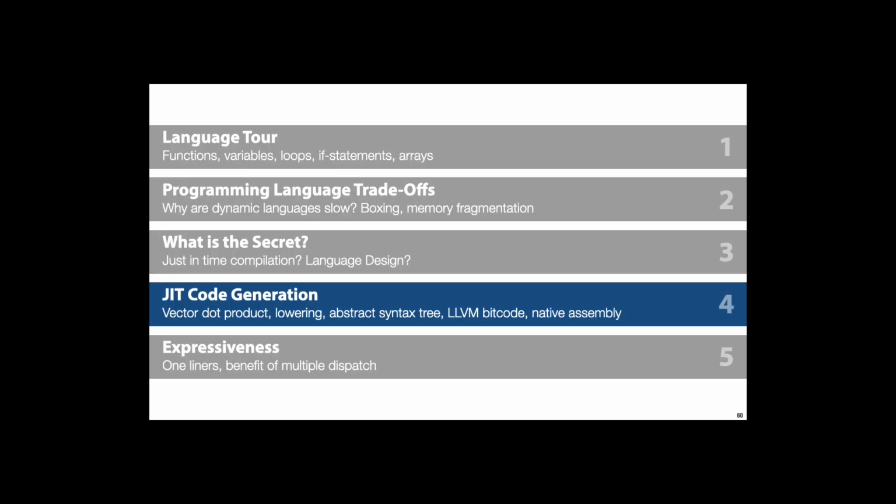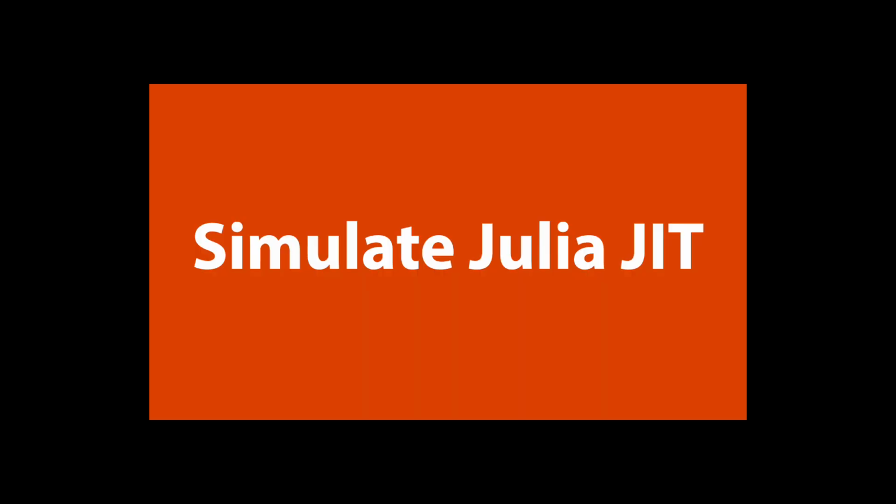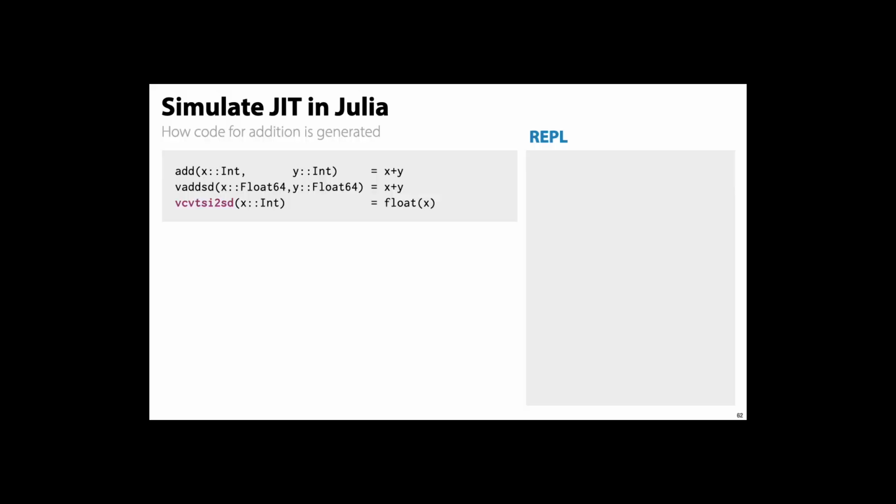So let's look a little bit at how just-in-time compilation works. We're going to do that by simulating a Julia JIT in Julia. To do that, I have to talk a little bit about how assembly code works.